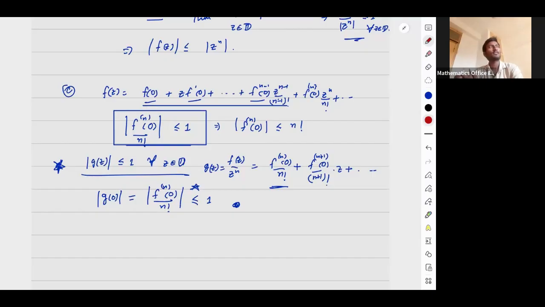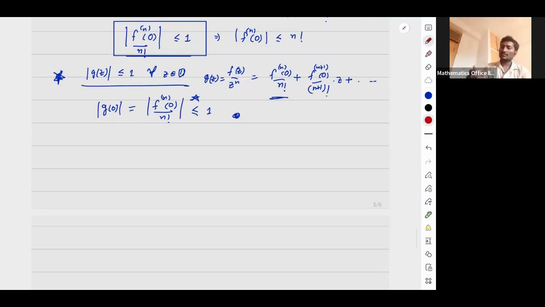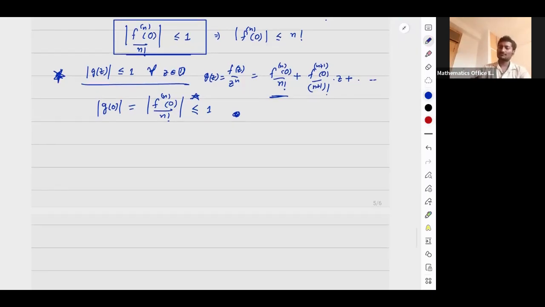Also, this modulus is less than or equal to 1. It sends the unit disk to the unit disk. Then it is fine, right. What I was thinking, I'm going to write it now.